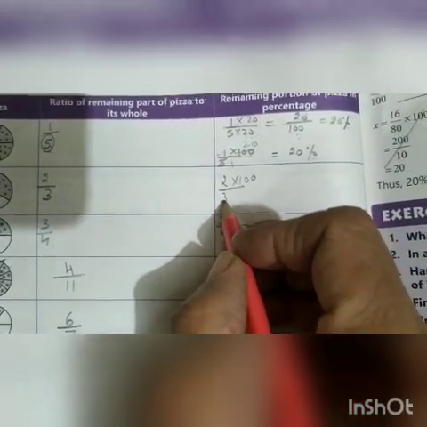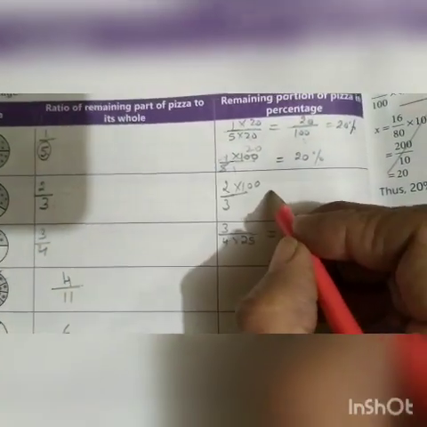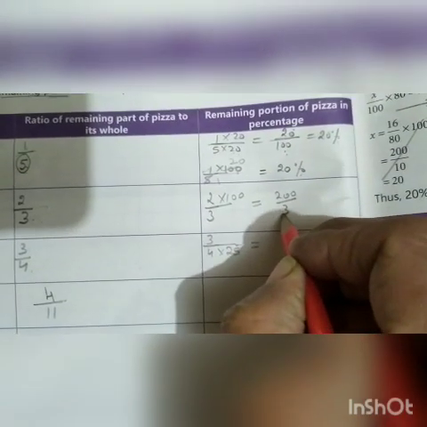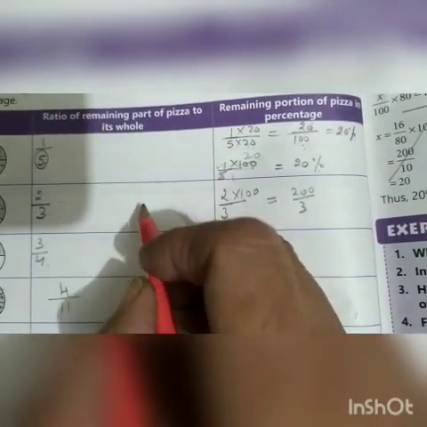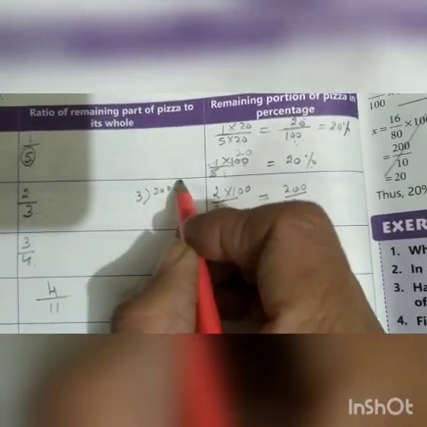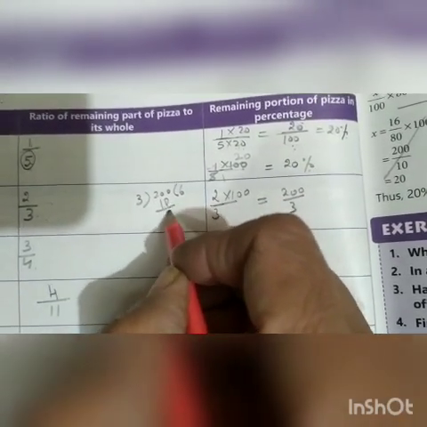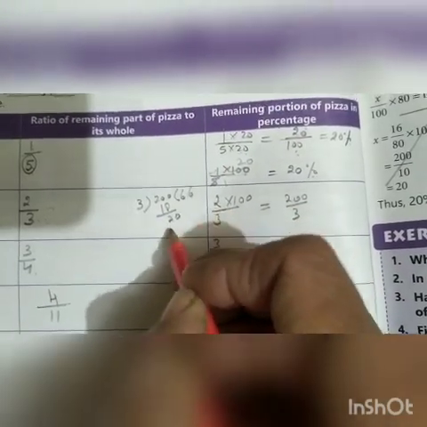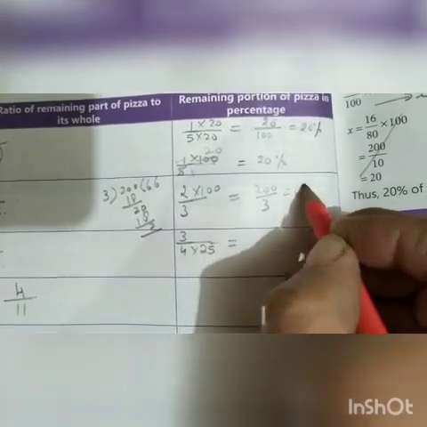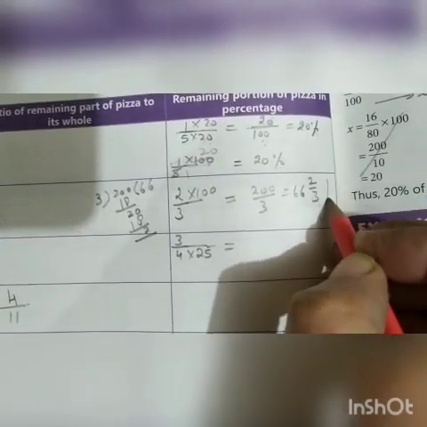Now we cannot simplify this 3 and 100. So what we will do? 100 twos are 200 upon 3. Now we will divide this 200 by 3. 3 sixes are 18, 2, then 0, 3 sixes are 18, again 2. So it is 66 and 2 upon 3%.